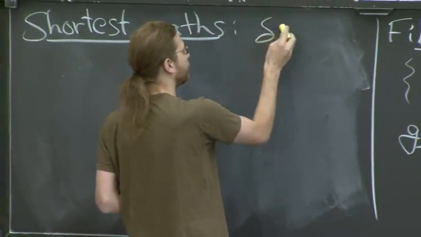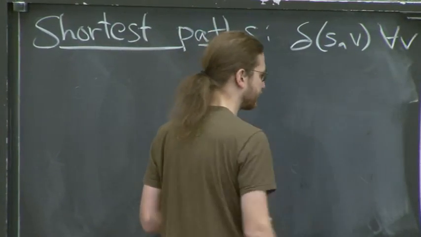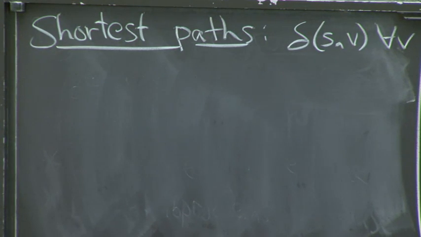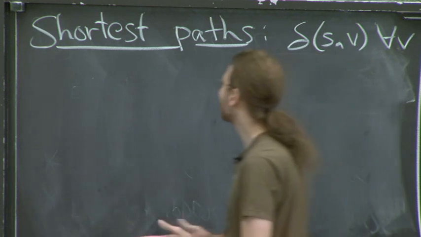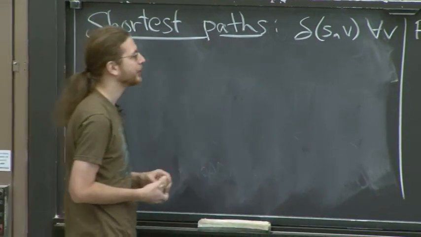So we want to compute the shortest path weight from S to V for all V. OK, I'd like to write this initially as a naive recursive algorithm, which I can then memoize, which I can then bottom-upify. I just made that up. So how could I write this as a naive recursive algorithm? It's not so obvious.